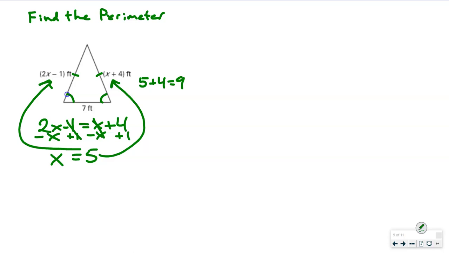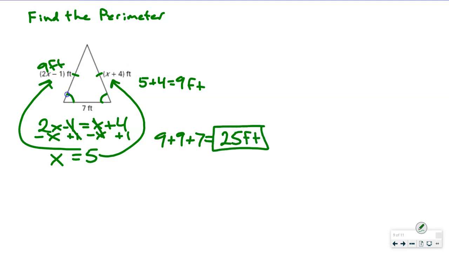We're going to get the same thing here. 5 times 2 is 10, minus 1 is 9. So that one's 9 feet and 9 feet and 7 feet. 9 plus 9 plus 7 gives us 25 feet. So our perimeter was 25 feet.